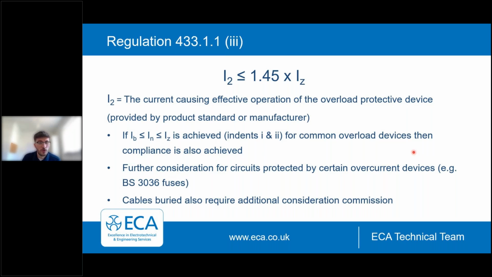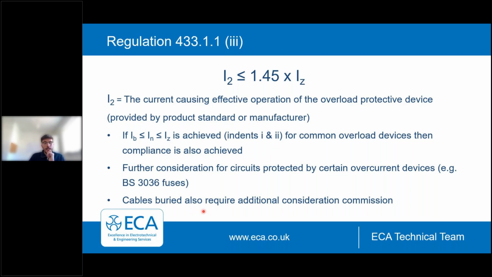However, for some circuits and some protective devices, further consideration is required. For example, if you've got a BS 3036 fuse, this would require some further consideration, and that is covered within Regulation 433.1.202. That's because the current causing effective operation of BS 3036 fuses is considerably larger, I think around 2 times the rating of the device.